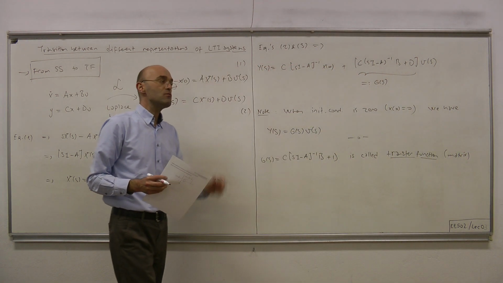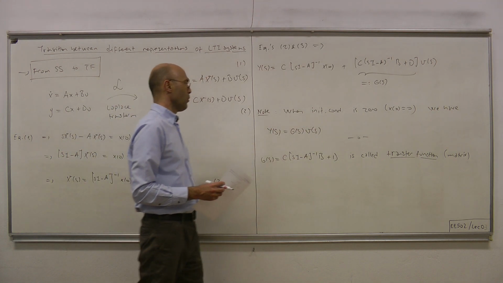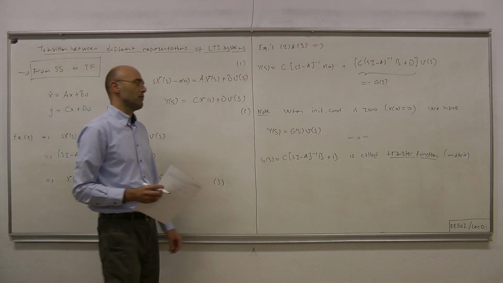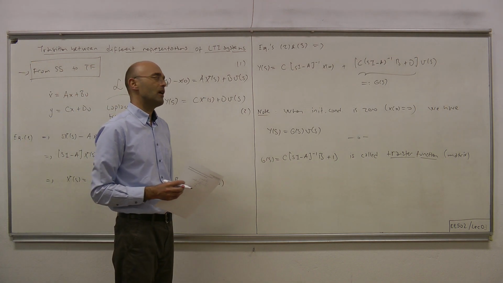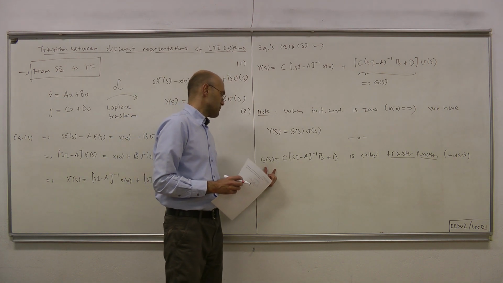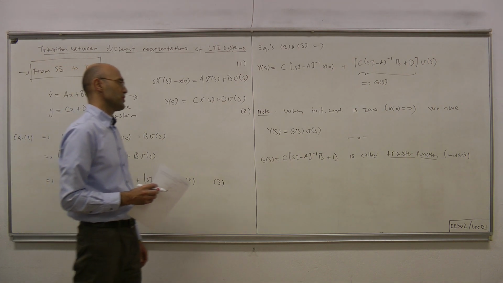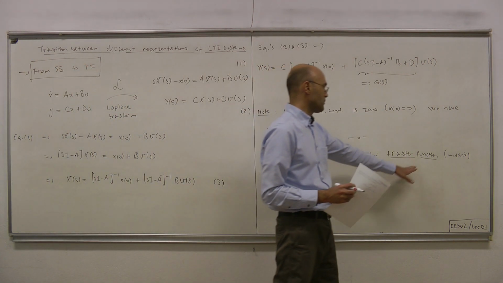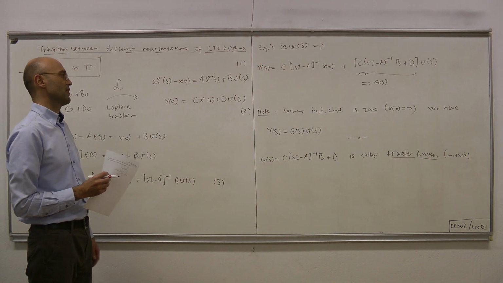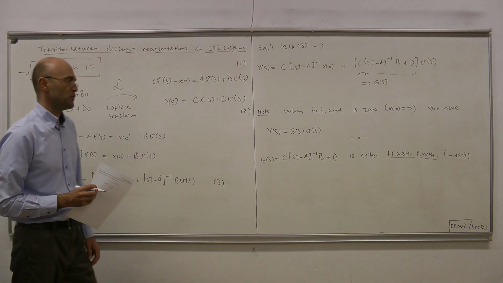It's a scalar only when the system has both the input and the output as scalar variables. Such systems are called single input, single output systems, and then the transfer function is just a scalar function. In more general cases, it's a matrix, and how many columns and rows that matrix has depends on how many inputs and outputs you have.